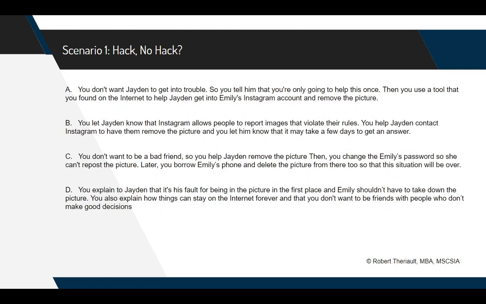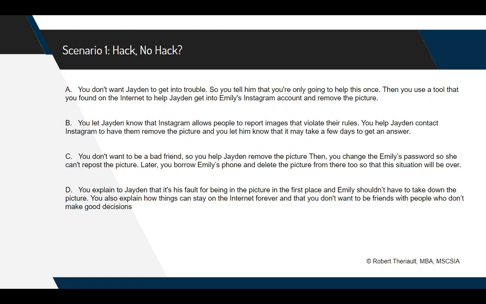So, here are the scenarios. Again, pause this and read it through, but basically, you don't want him to get in trouble, so you help him out. You use a tool found on the internet to get into her system and remove the picture. B, you let Jaden know that Instagram allows people to report images by the rules, and you help Jaden contact them. C, you don't want to be a bad friend, so you help him remove the picture, then you change the password so she can't repost the picture.